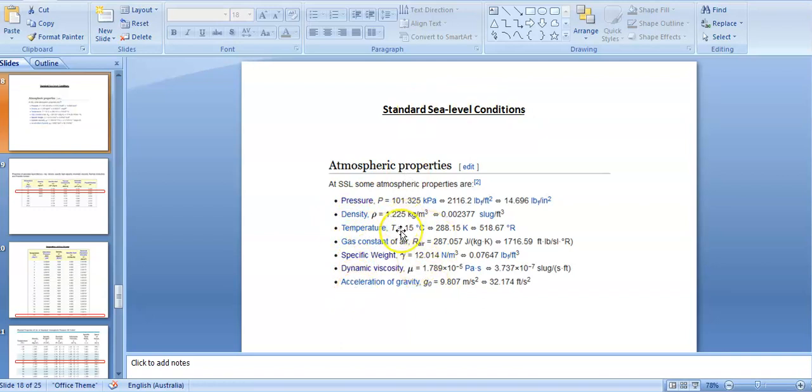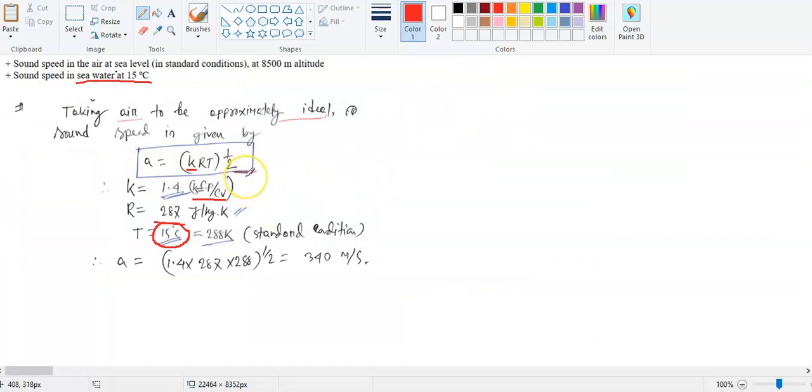You see everything is here. This is 15 degrees centigrade. You will get the detailed information from the slide that I shared in the file exchange section of your Tut group. So it's pretty simple. If you substitute all of these values and simplify the square root, you will get 340 meter per second. That's the sound speed at sea level in standard conditions.